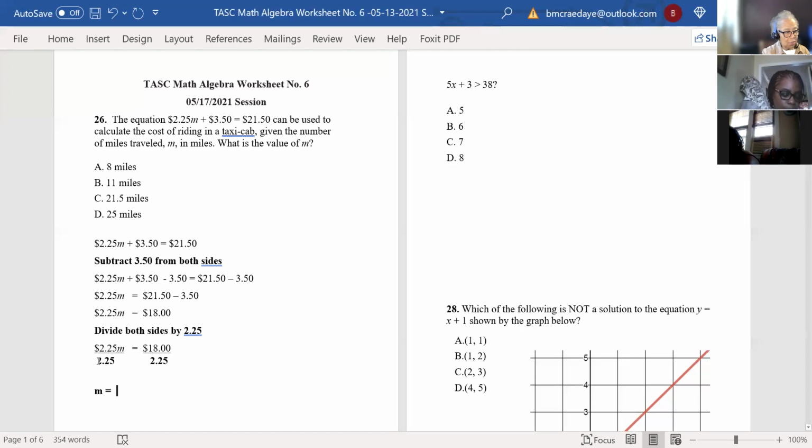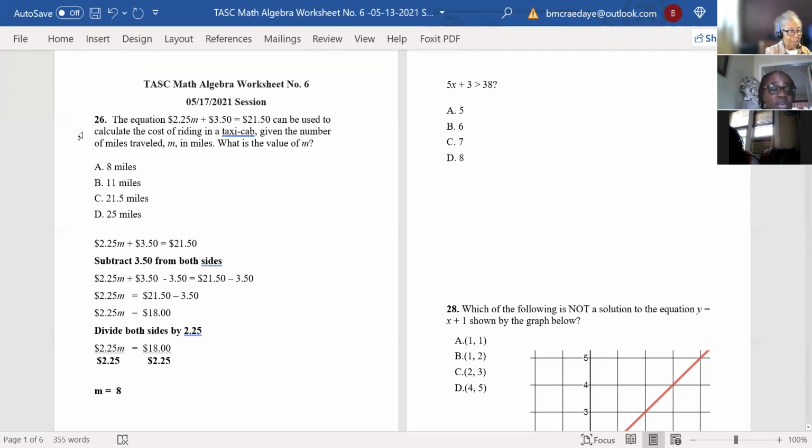So this is a dollar sign, and this is a divided by dollar sign 2.25. Okay, so what did you get, Vanessa? 8. Okay. You get 8 remaining. So what is your answer?